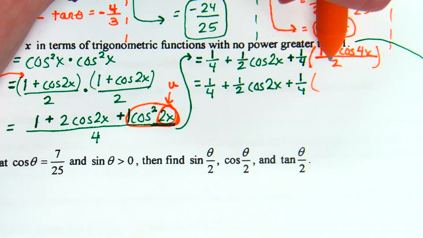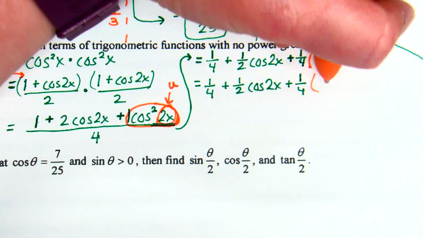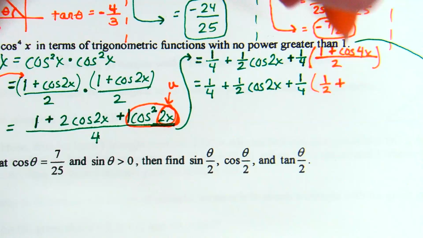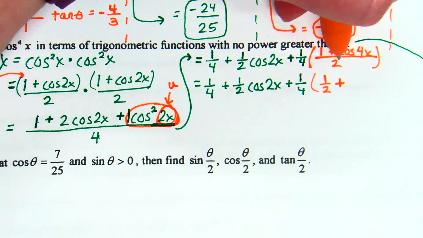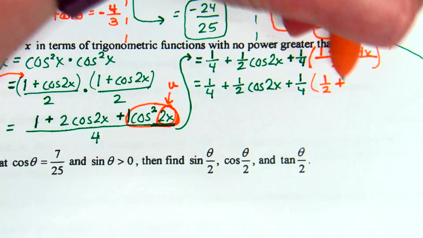So 1/2 plus cosine 4x over 2. But how have I been writing the denominator of 2? Out front as a 1/2.